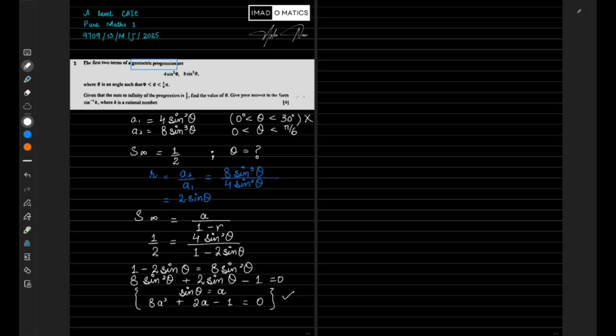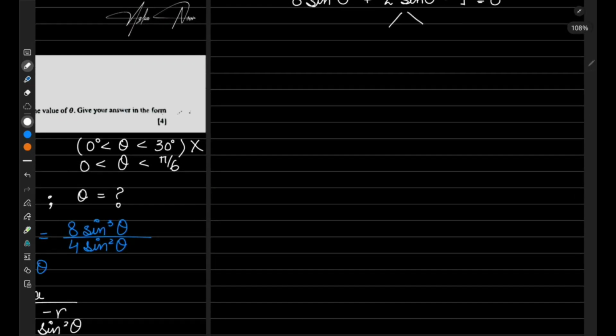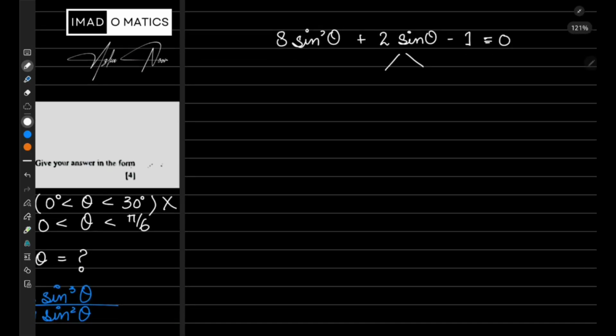Okay. So breaking the middle term, 8 sine square theta plus 2 sine theta minus 1 equals 0. Breaking this middle term, we need two numbers that multiply to give minus 8, and on adding or subtracting should give you 2.